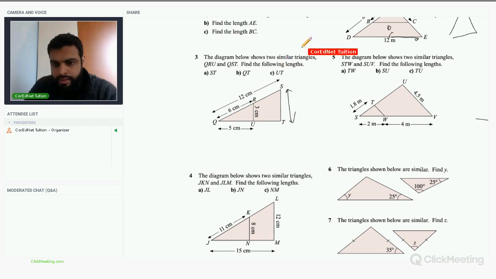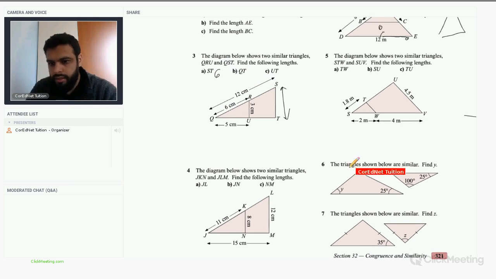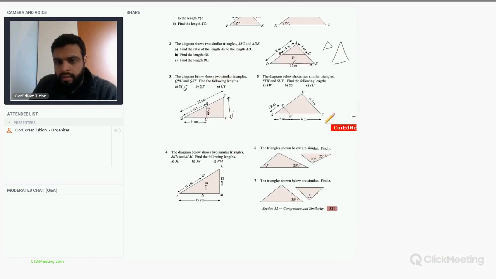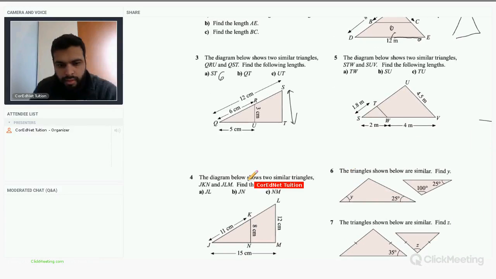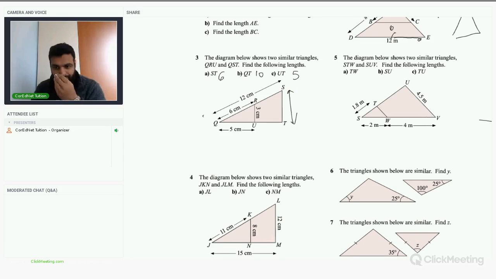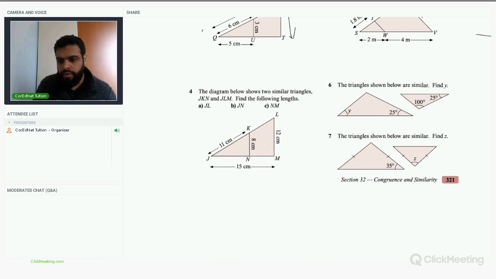So A is going to be 6, so ST is 6. Yes, so QT is going to be 10 and UT is going to be 5. Good, brilliant. Okay, so all those are quite straightforward.